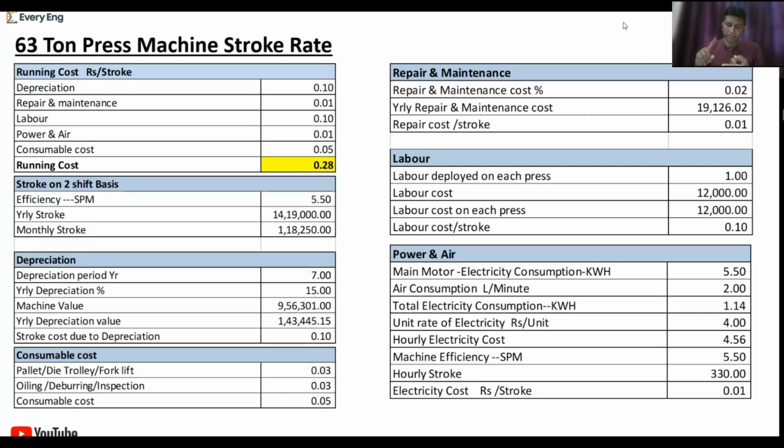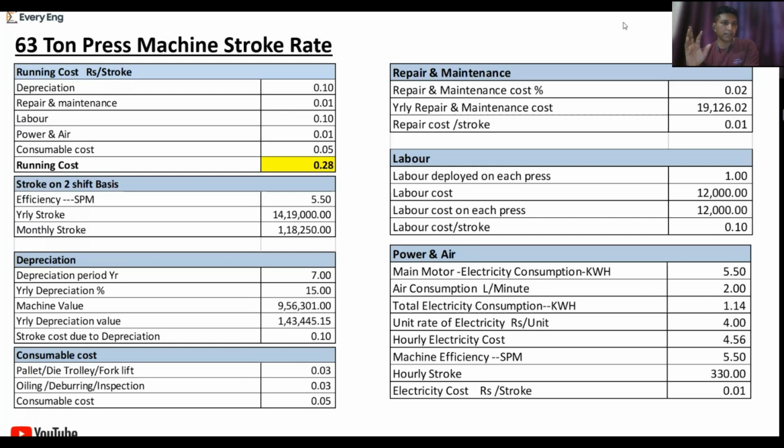We calculate per hour, per stock or per part, and also per meter. Sometimes we do welding in some component, so for that type we require the per meter cost. When we do welding per meter, what will be the cost? So this is the basic method to calculate our machine cost per hour, per meter, or per stock.